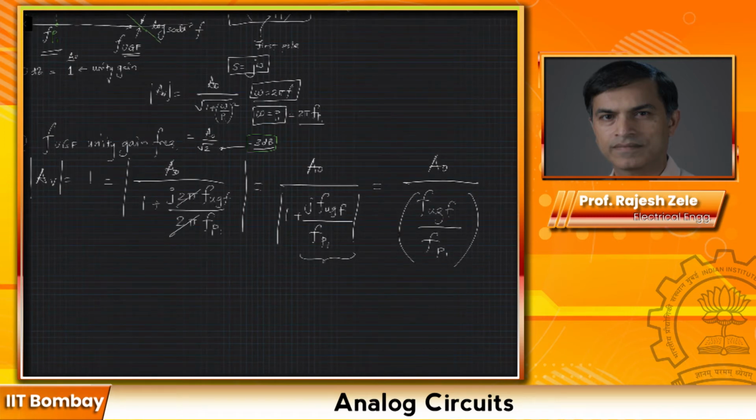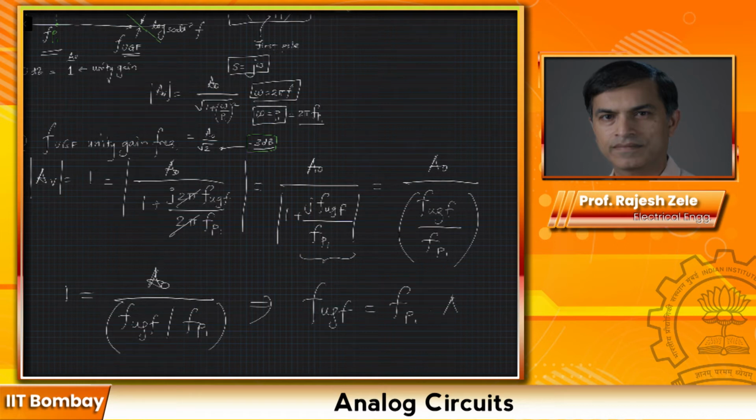That brings back one very important feature of a one pole system. So 1 is equal to A0 divided by f UGF divided by FP1, which gives you f UGF is equal to FP1 times A0.